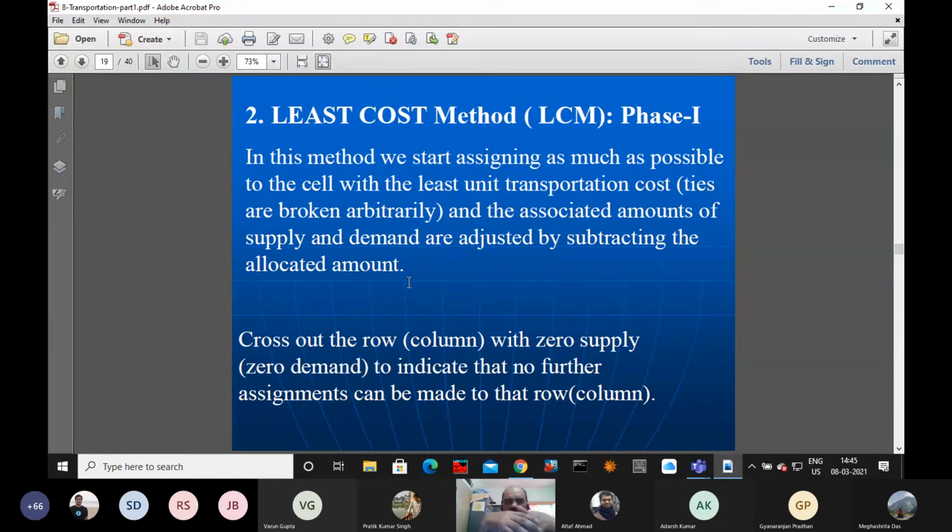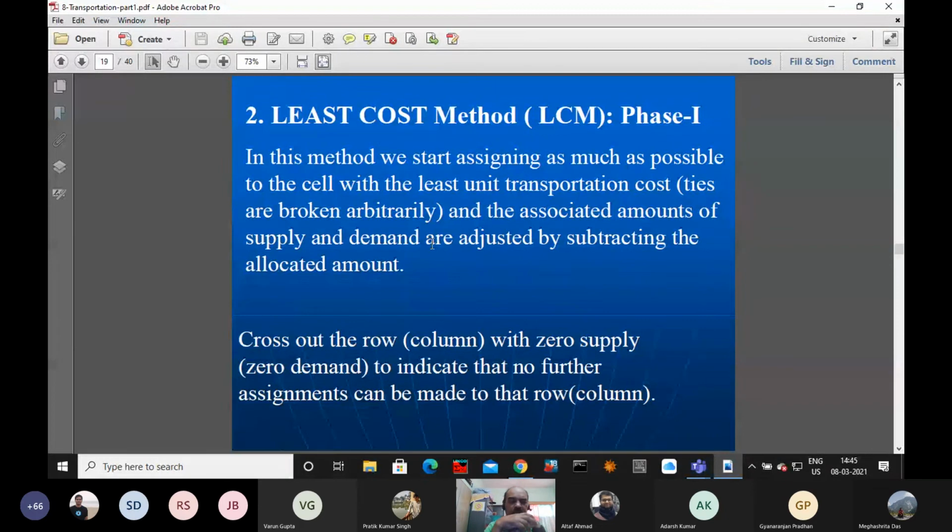In the second method, the least cost method, we find the least cost among all the Cij, and we start allocating to that cell only. And if there are ties, we break the ties arbitrarily.